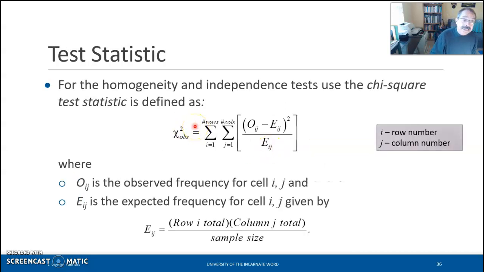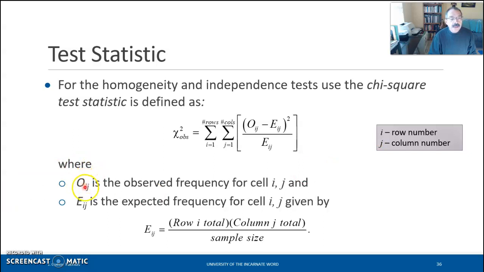All right, for the test of either independence or homogeneity, we use this chi-square statistic, where we sum across rows and across columns the observed frequency minus the expected frequency. We square that and divide that by the expected frequency of a particular cell. And as I mentioned earlier, the i subindex designates the row number and the j subindex designates the column number.